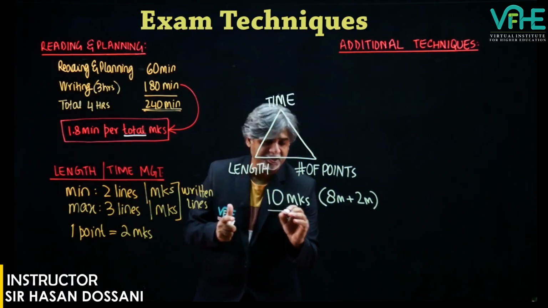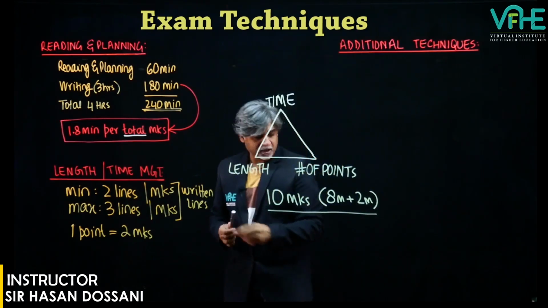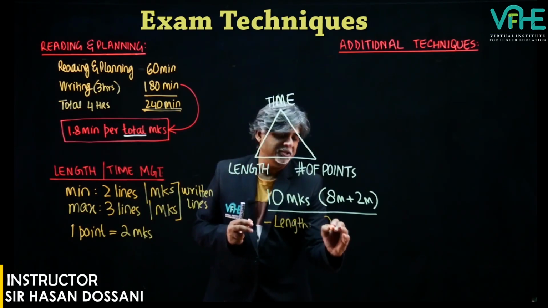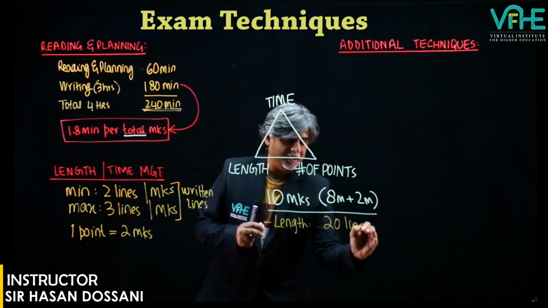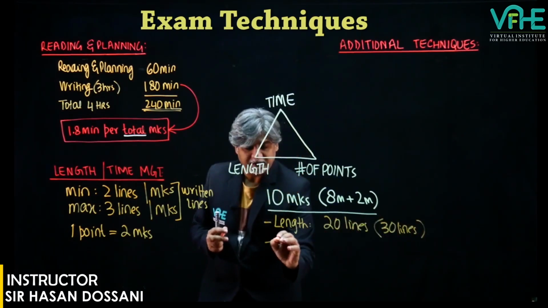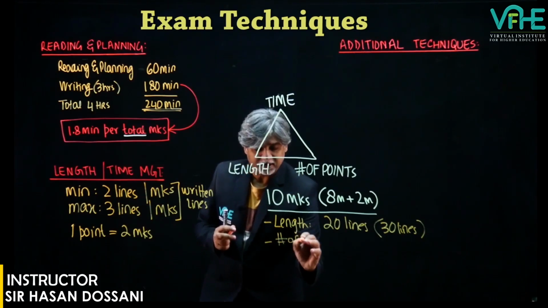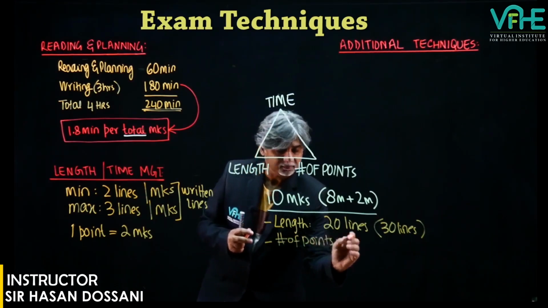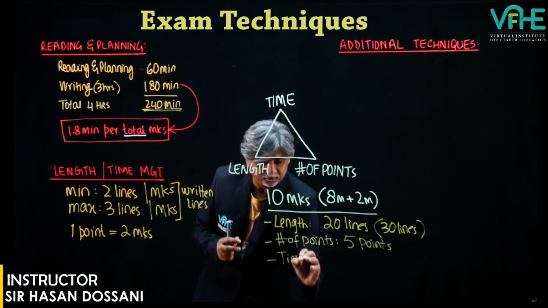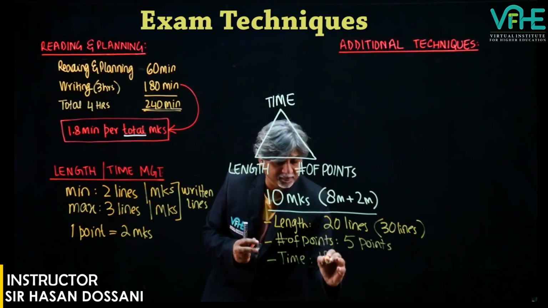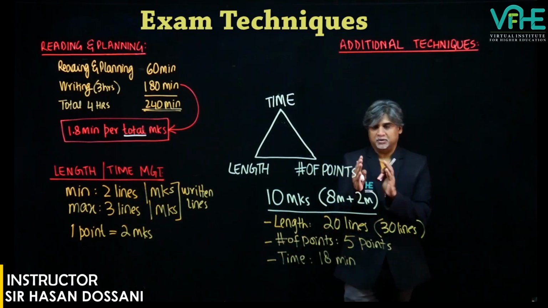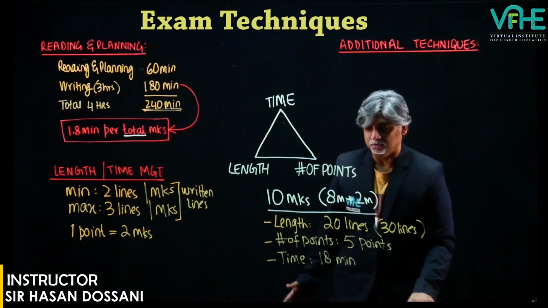So for a question which carries 10 marks in total, what will be the length? 20 lines minimum and maximum 30 lines. What will be the number of points you need to cover? 5 points. And time? 18 minutes of writing time. The goal, this is very, very important: the triangle rule.